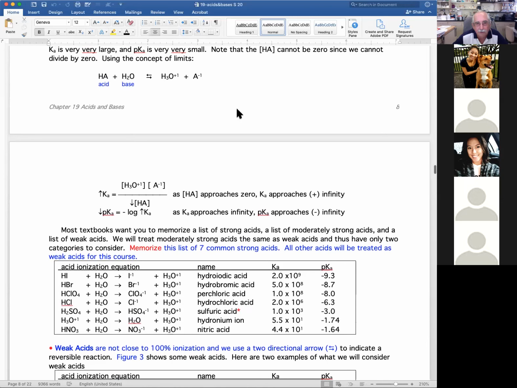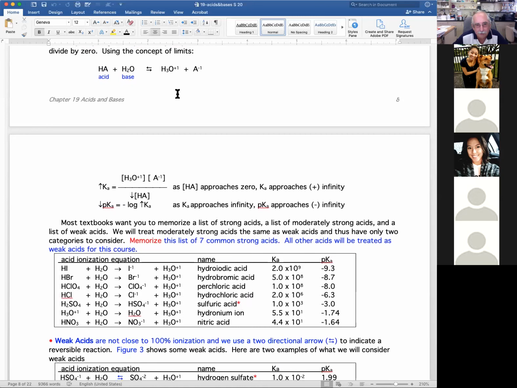So let's just look at it in terms of limits. So here's an acid and water. So products over reactants, right? Now, I'm not allowed to divide by 0, so HA cannot be 0. But what happens when HA gets extremely small?